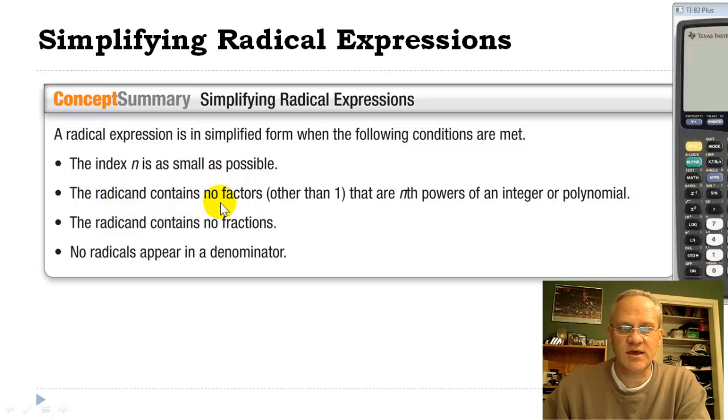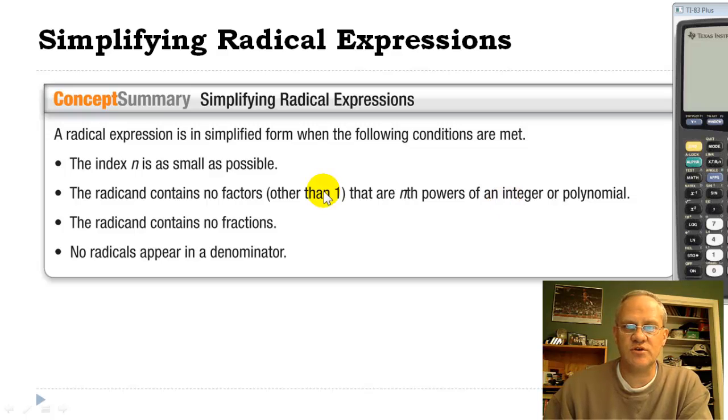Where it says the radicand contains no factors that are nth powers, basically that just means if you have the square root of x squared, you don't want that squared power there, because you can get rid of it. It's similar to the first one. No fractions, you see in the third one here. We don't want a fraction inside of our square root or our radical. And then obviously no radicals in the denominator of a fraction. Okay, so just a couple of things to look for when we're simplifying.